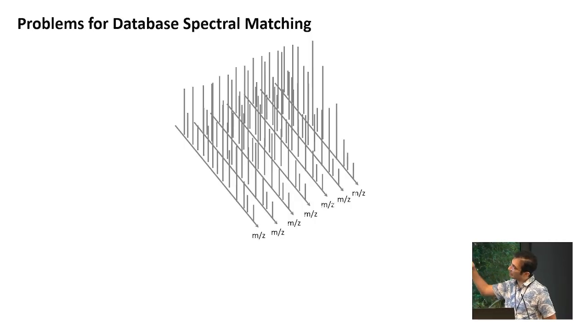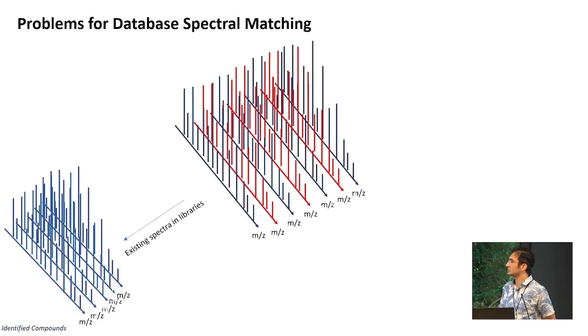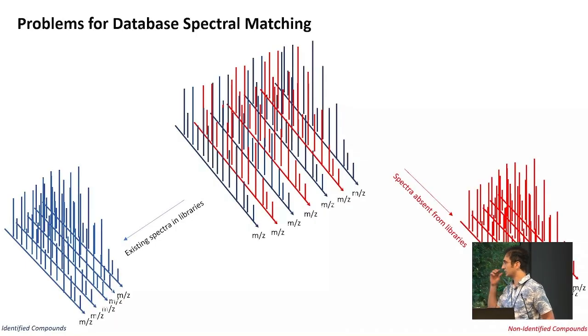So when we acquire the mass spectra from the instrument, some of them can be annotated to the database, some of them cannot. Those annotated are identified molecules, and those that cannot be annotated are unknown compounds.